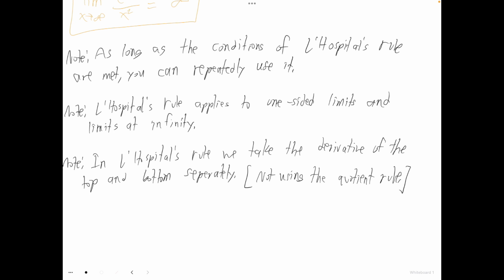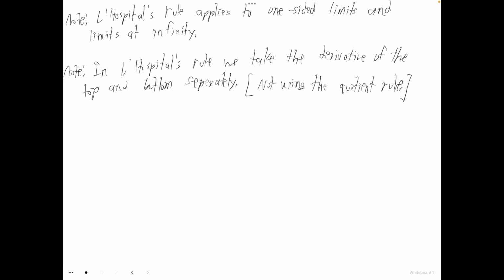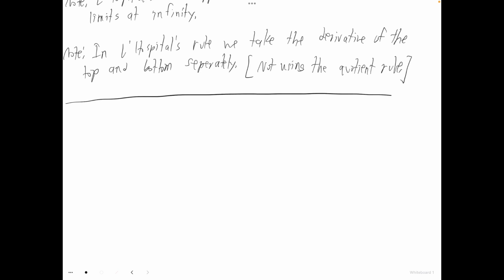Okay, so now we're going to look at a couple more examples of using L'Hopital's rule. So the next example we want to look at is the limit as x goes to infinity of ln of x divided by x to the fifth.